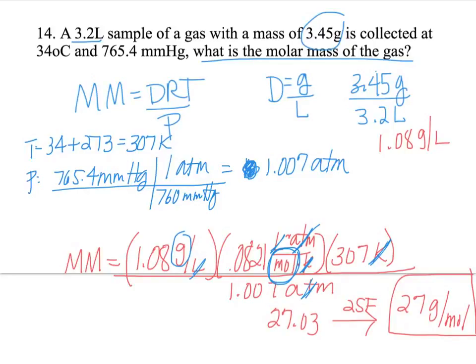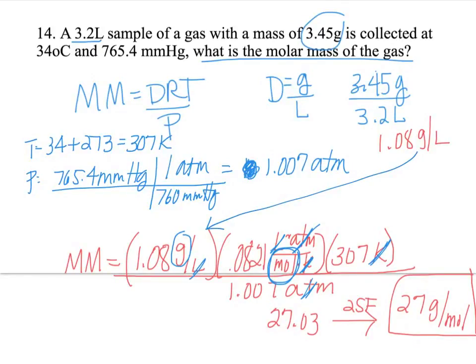If you did not get that answer, a couple of things I want you to make sure you noticed is that you had to convert this pressure from millimeters of mercury to atmosphere. So if you didn't do that, that's going to give you a very incorrect answer. And then of course when you divided your density problem over here, you should have gotten 1.08, and of course that's what you plugged in right here for density.